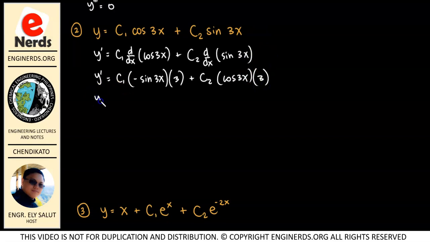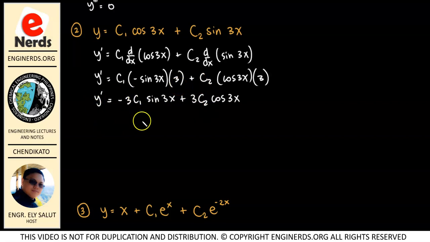Okay, so that means our y prime is equal to negative 3 C1 sine 3x, then plus 3 C2 cosine 3x. Okay? So, as you can see, meron pa rin tayong dalawang arbitrary constant, no? Hindi pa rin natin siya natanggal.